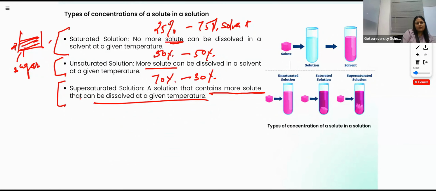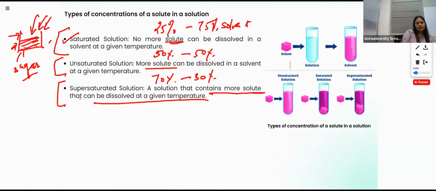We keep on adding the sugar to this solution, but at some point, a point will come that sugar stops dissolving. That point is known as a saturated solution.